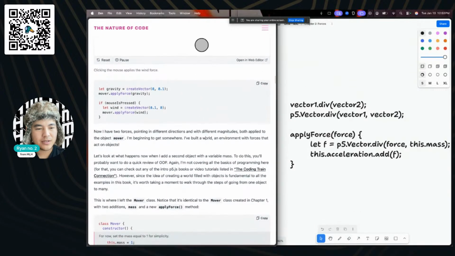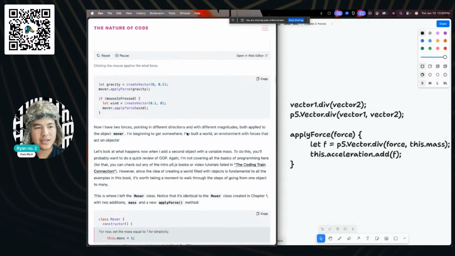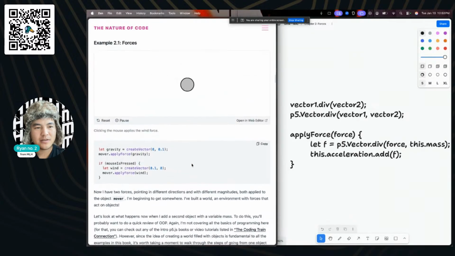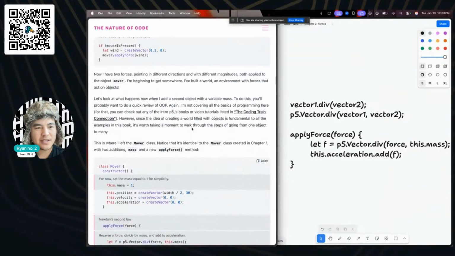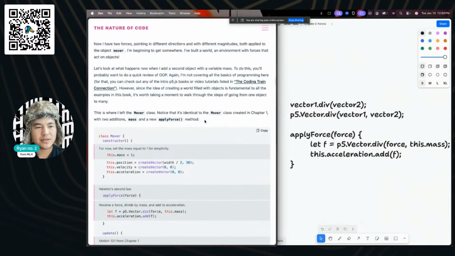So let's see. Now that we have two forces pointing in different directions, both applied to the objects, we're beginning to get somewhere. We built a world, an environment with forces that acts on objects. Look what happens now when I add a second object with variable mass. Again, I'm not covering all the basics here. That's okay.